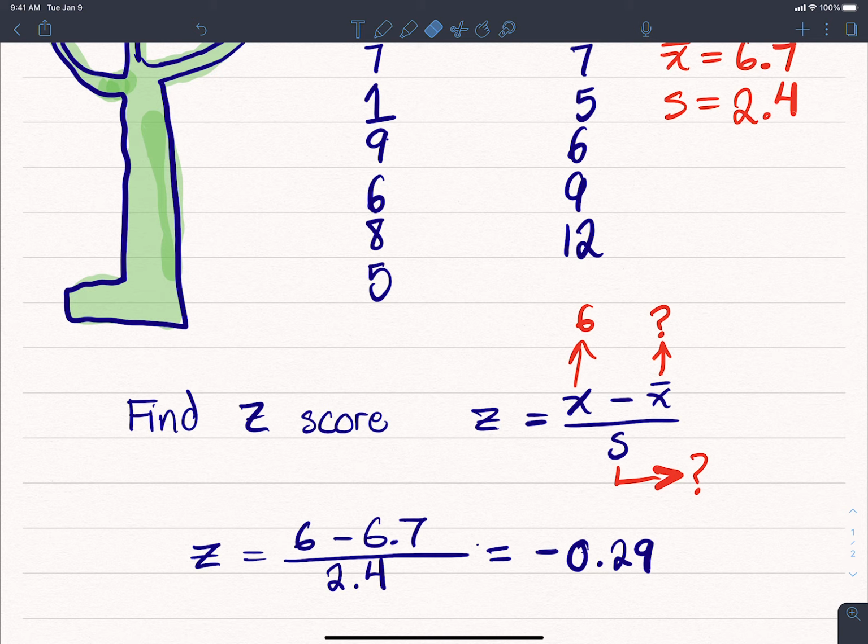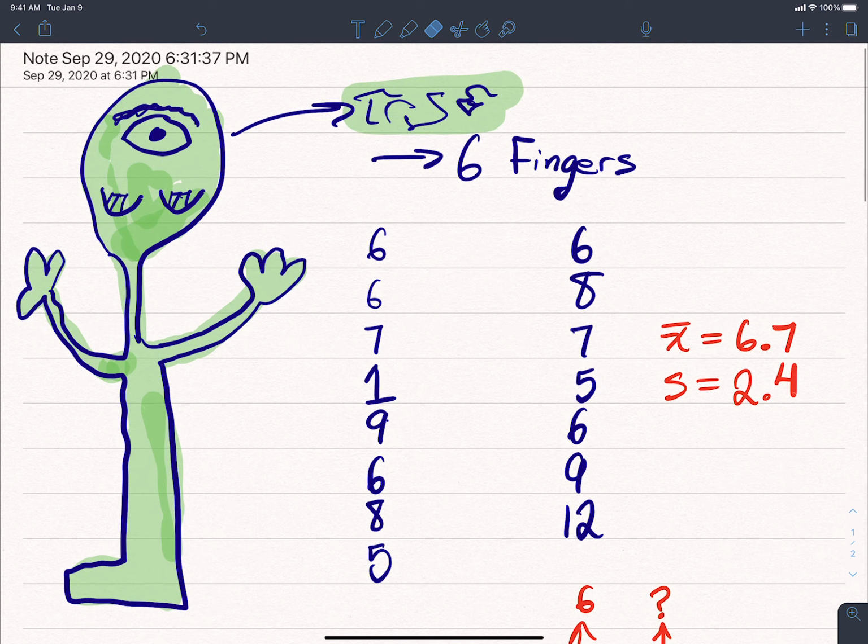Right. So what does this tell us? This tells us our alien is normal, right? Alien is very normal. There's nothing interesting about our alien having 6 fingers. Is there any alien here, based on their Z-score, or just based on looking at it, that you would want to investigate to see if this alien is weird or not?